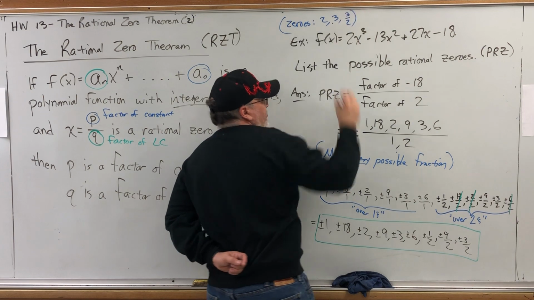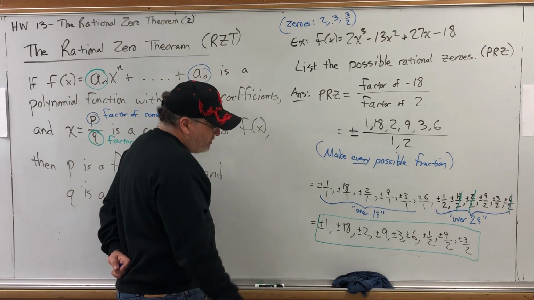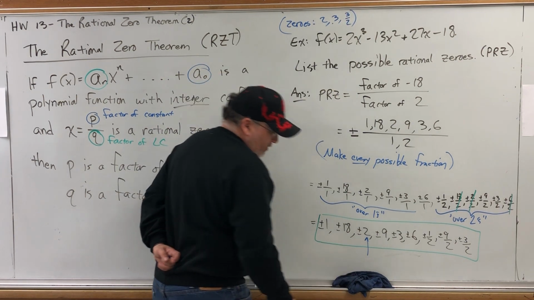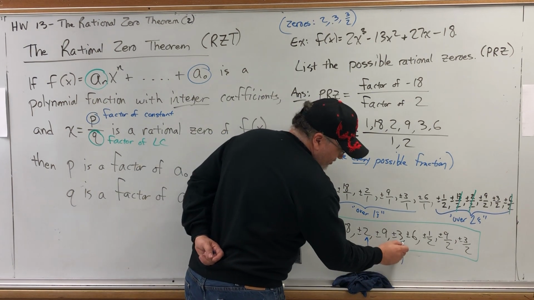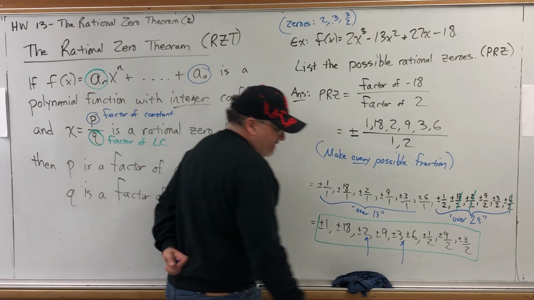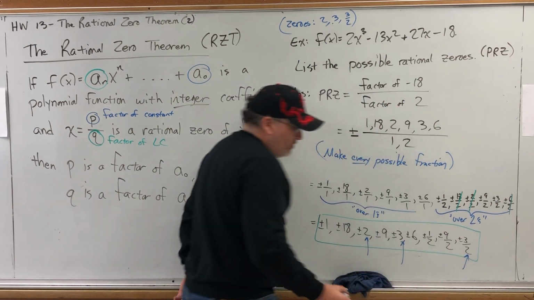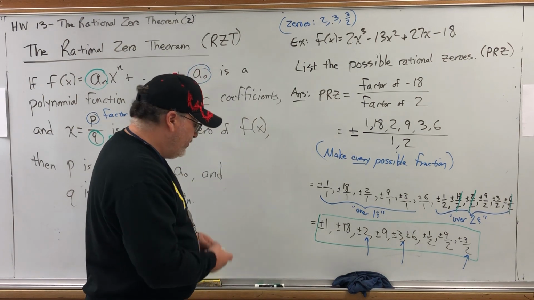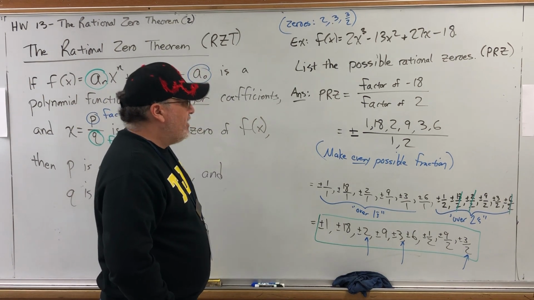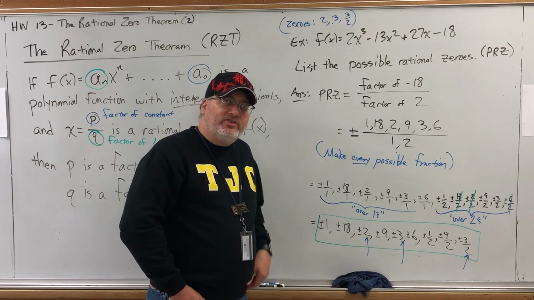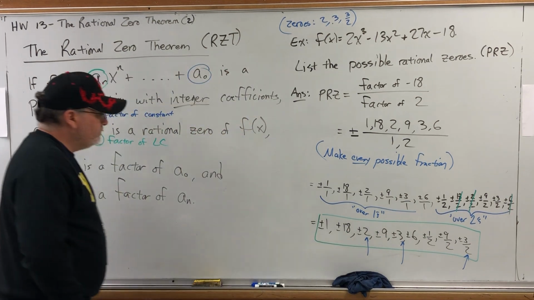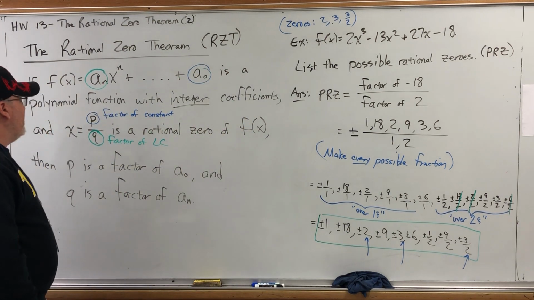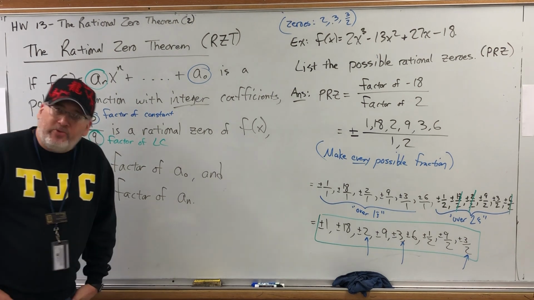So we already know what those zeros are. And if you'll notice, there's 2, the plus part of that, there's 3, the plus part of that, and there's 3 halves, the plus part of that. So all of our zeros were rational, and they were all included in this list like they were supposed to. So how does this list help us find zeros? I'll show you in the next video.